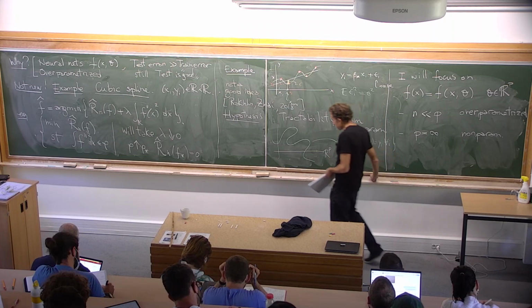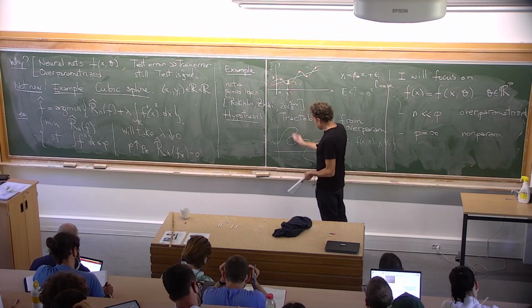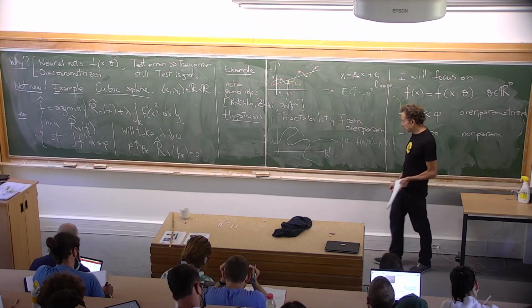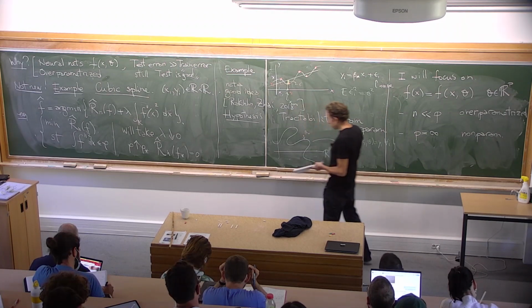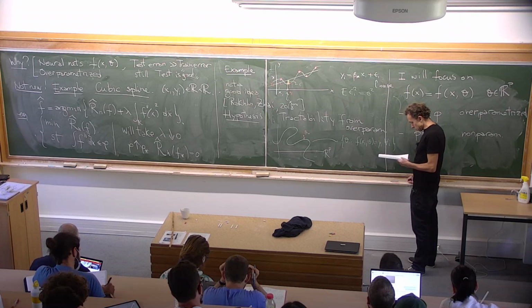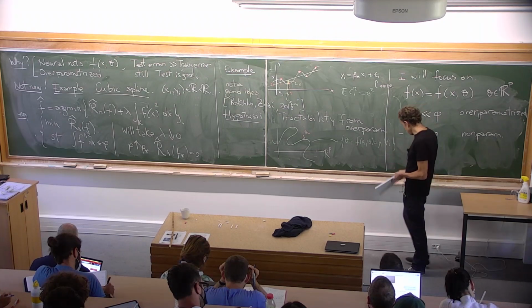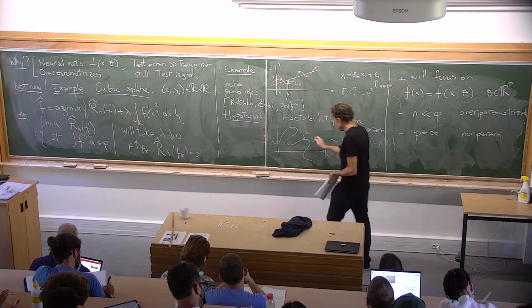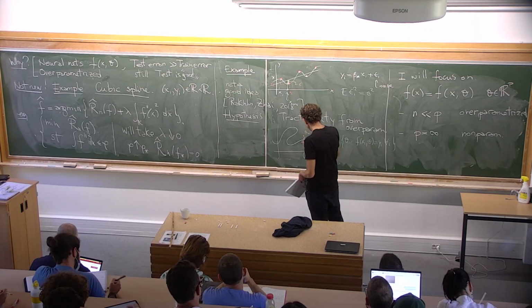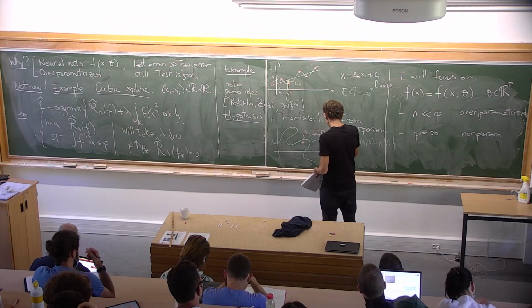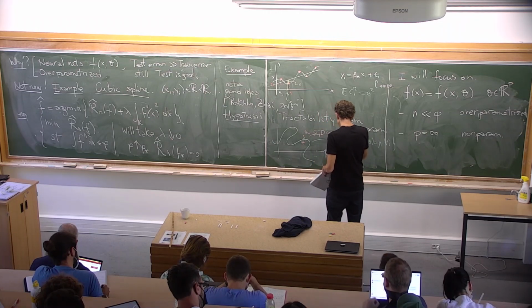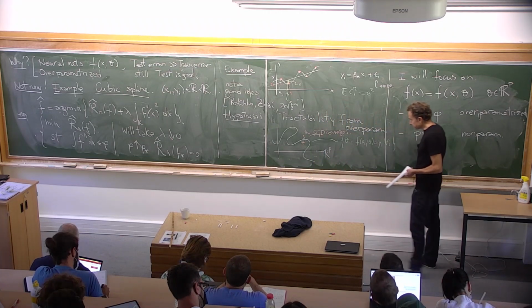And since this green submanifold is very large, when you start gradient descent at a random point, you converge very quickly to a solution. So GD or SGD converges to a point in this submanifold.